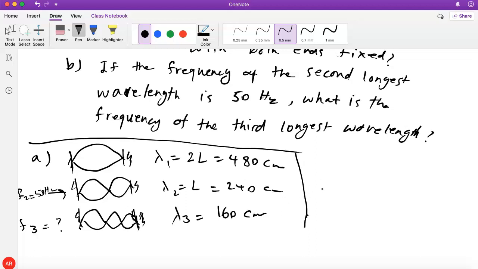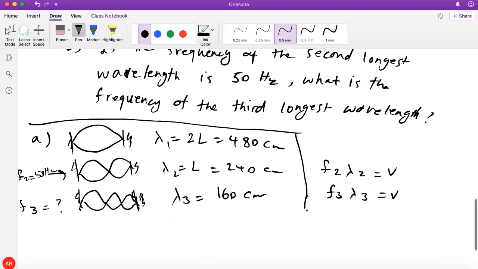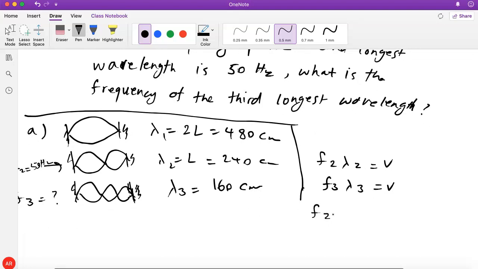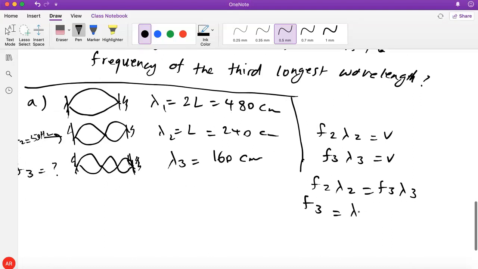the associated frequency. So let's say we have f2 lambda 2 is v, so is f3 lambda 3, right? Therefore f2 lambda 2 is f3 lambda 3. We just set the v's equal to each other, and f3 becomes lambda 2 over lambda 3 times f2.